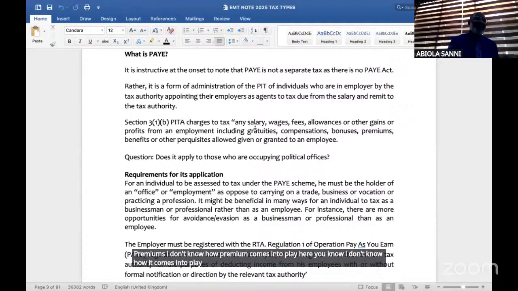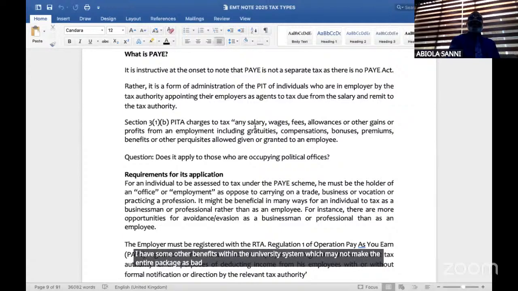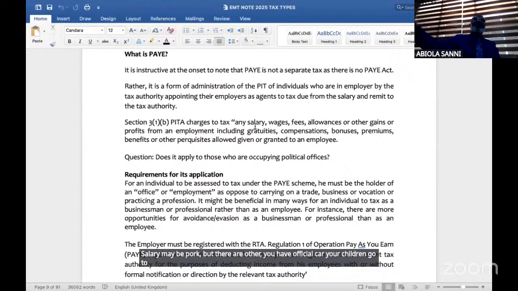Then benefit, there are other benefits. For example, I have some other benefits within the university system, which may not make the entire package as bad as it seems. The salary may be poor, but there are other benefits. You have an official car. Your children go to school and they don't pay the same amount as children from outside.